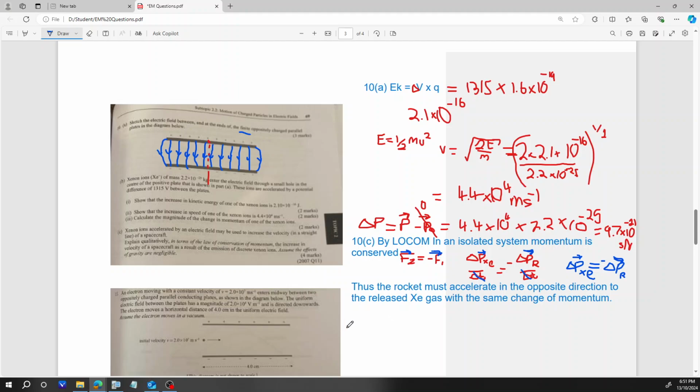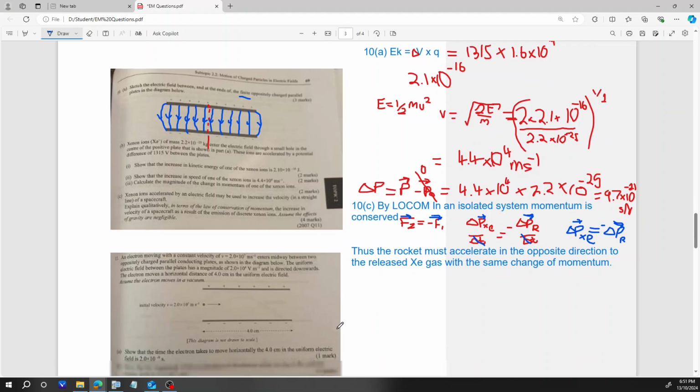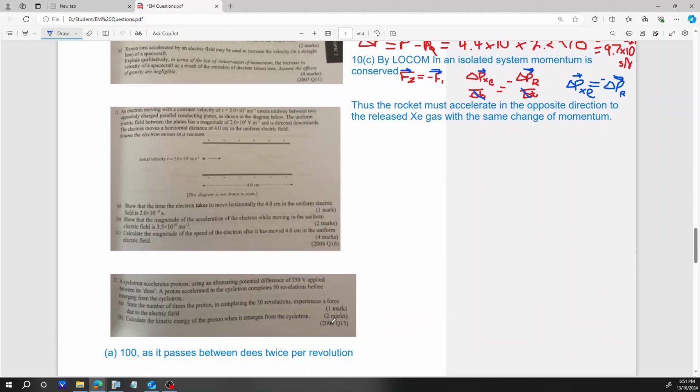And then you can follow on and say, if there's a change of momentum, and ignoring that we've shot off a few atoms here and there, the rocket is accelerating, so it's gaining velocity. Okay. All right. A bit more to do.